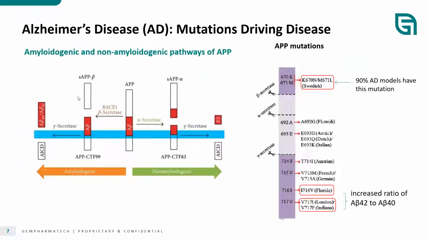In amyloidogenic pathways, APP is cleaved by beta secretase, BACE1, and gamma secretase, forming A beta. In a healthy brain, the A beta 40 peptide is degraded, but in Alzheimer's patients, the A beta 42 peptide fragments accumulate, forming insoluble plaques.